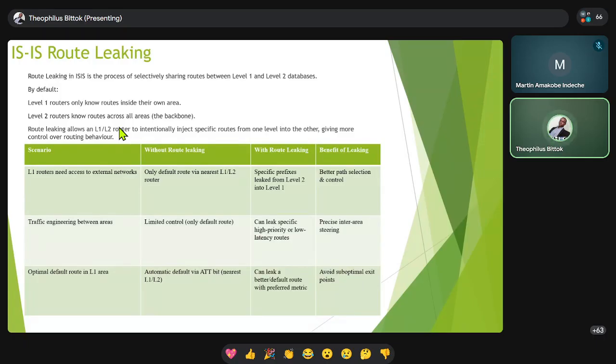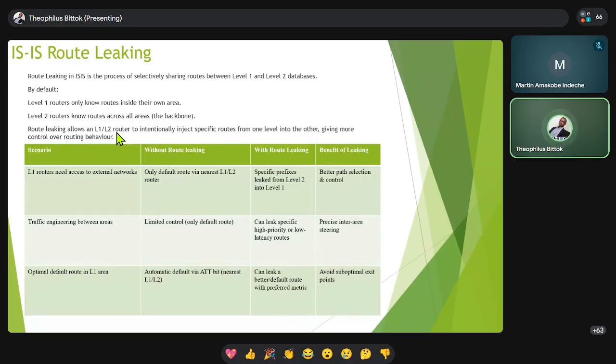So instead of the L1 L2 router just sending the default route to the L1 router, you may want to start exporting the routes. And when you're exporting the routes, you are exporting them with a certain cost. So maybe on one side the routes adopt a cost of 100, and the other one 200. So by that, it's going to enable you to do the traffic engineering.